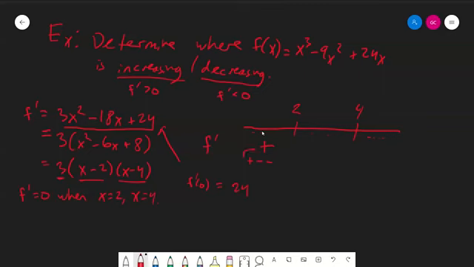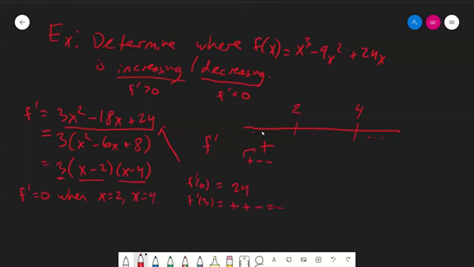In between 2 and 4, if you take something like f prime of 3, you don't have to care so much about what the exact output is. All I really care about is whether it's positive or negative. So I'm going to have 3, which is positive, times 3 minus 2, which is positive, times 3 minus 4, which is negative.